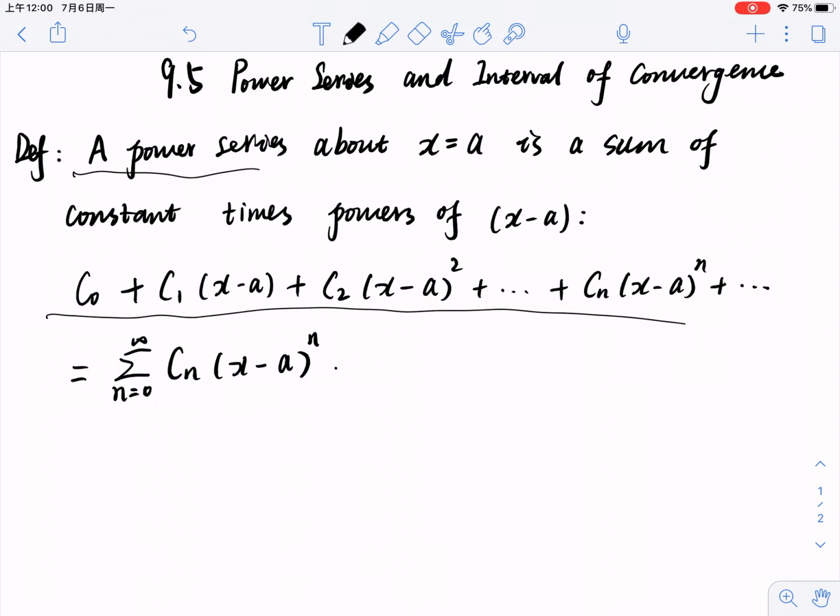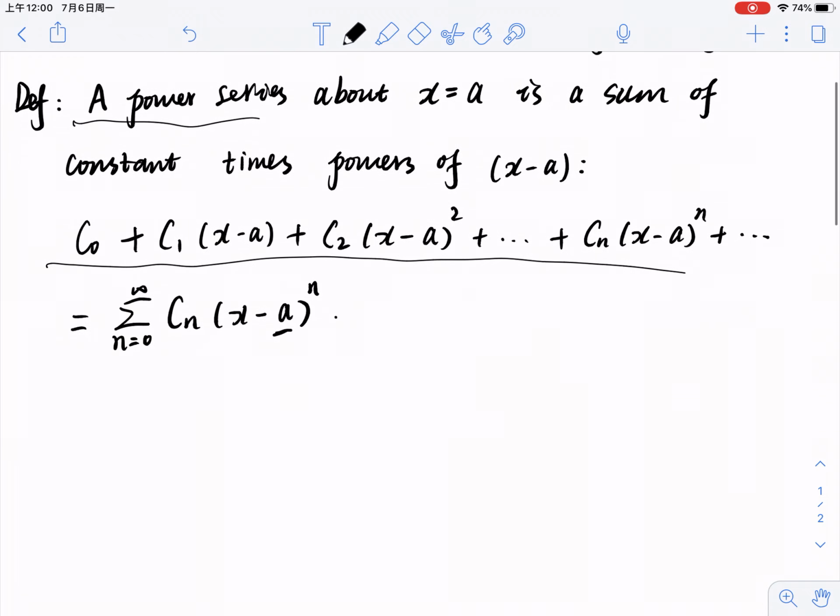In sigma notation, it's the sum of cn times (x minus a)^n, with n from 0 to infinity. We think of a as a constant. So for any fixed x, the power series is a series of numbers like those in section 9.3.